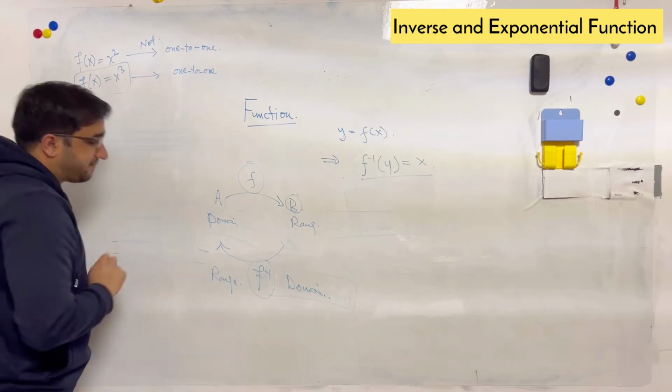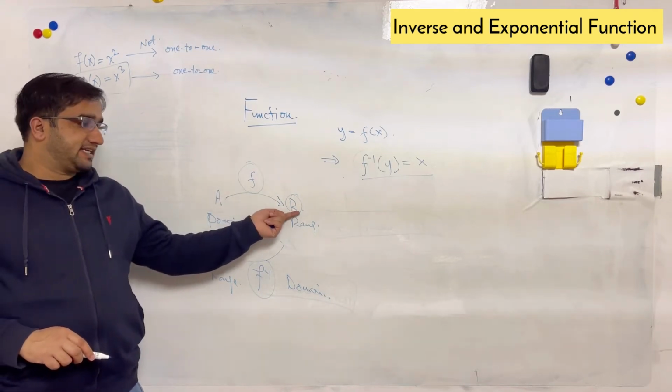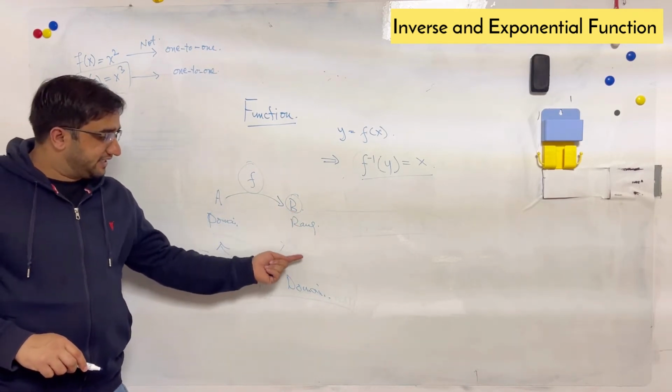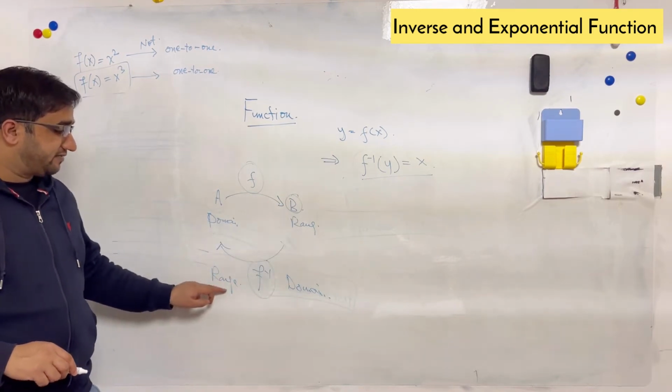Do you understand? If the function f has domain A and the set B is the range, then for the inverse function, B will become the domain and A will become the range.